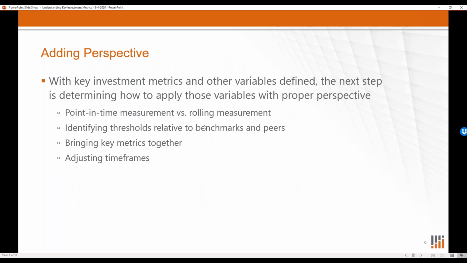So the last piece of our acronym, the perspective, adding perspective. At this point, we've identified the type of investment that we are analyzing and the objective of that investment. We've connected that insight to key investment metrics that we would like to use to assess whether or not that investment is achieving its objective.